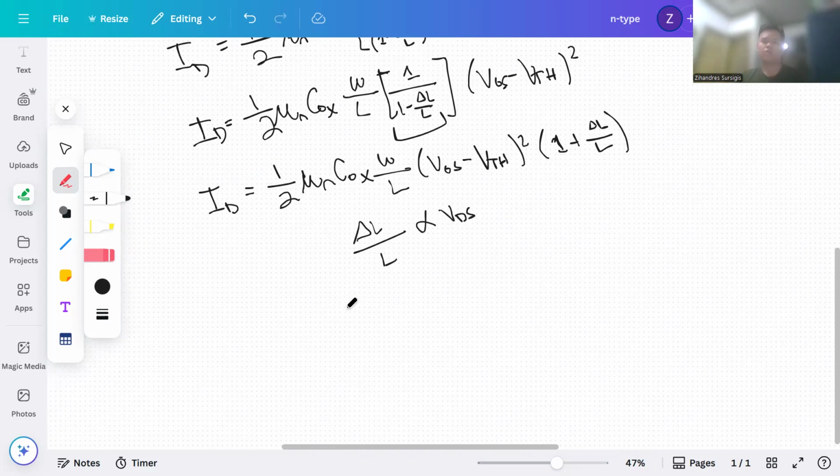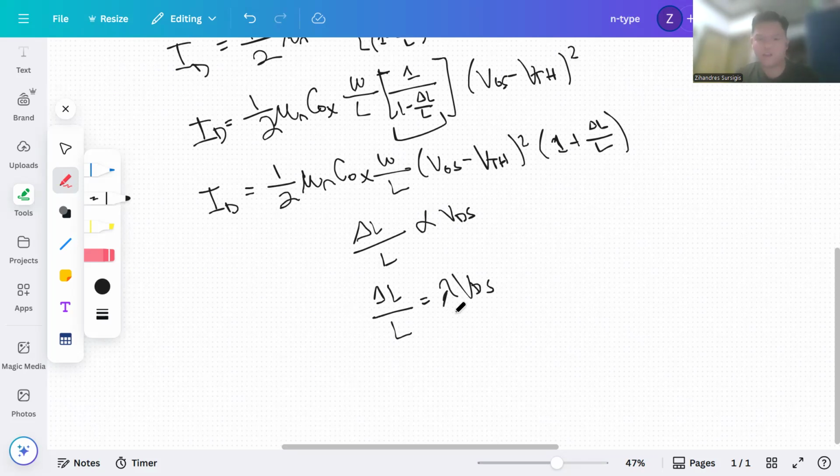So we just multiply a certain factor kay VDS para makuha si delta L over L. And for that, we will use lambda. Delta L over L is just equal to lambda times VDS.